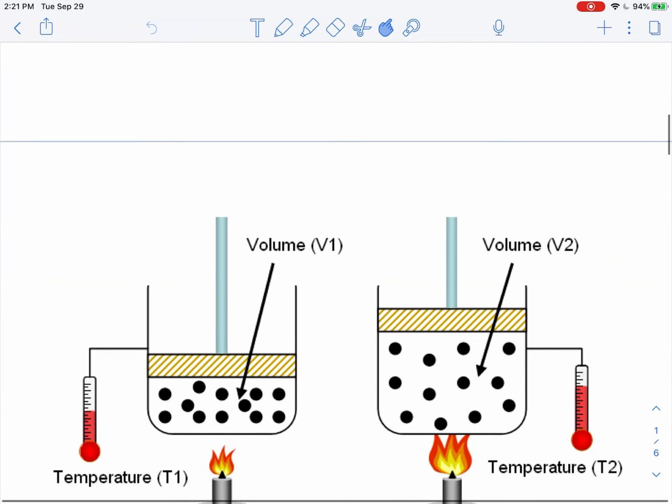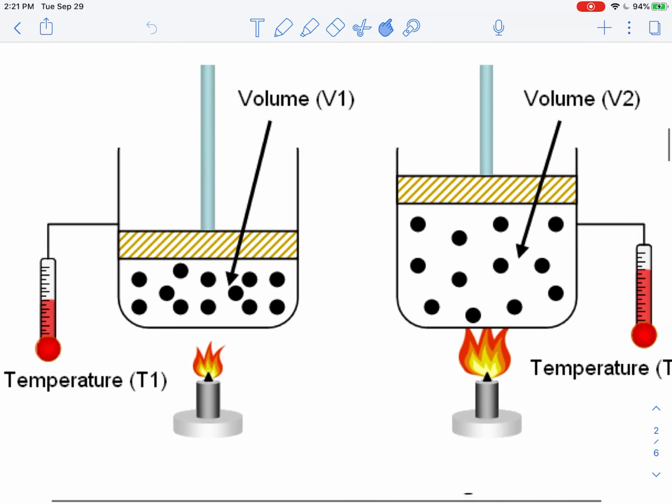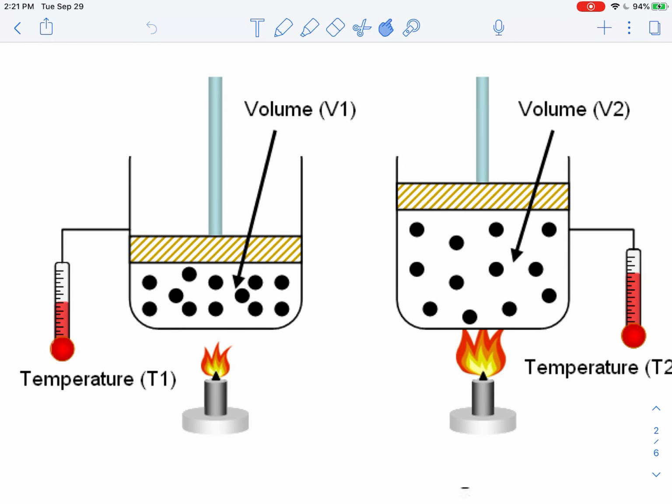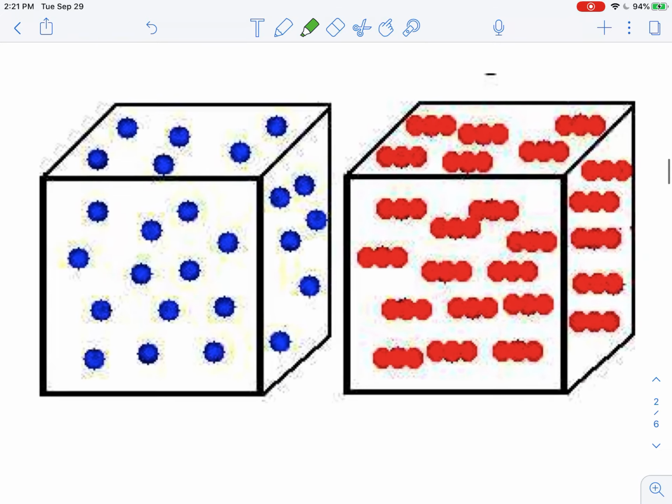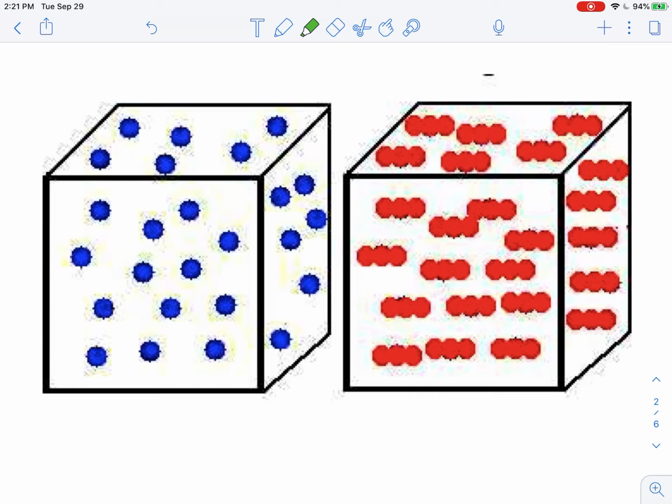So the pressure is going to be involved. The temperature is going to be involved, because remember, if you heat something up, then those particles are going to move around even faster, and if given the opportunity to, they're going to spread out, and so the temperature can affect the density as well. Even the substance itself is going to affect it.